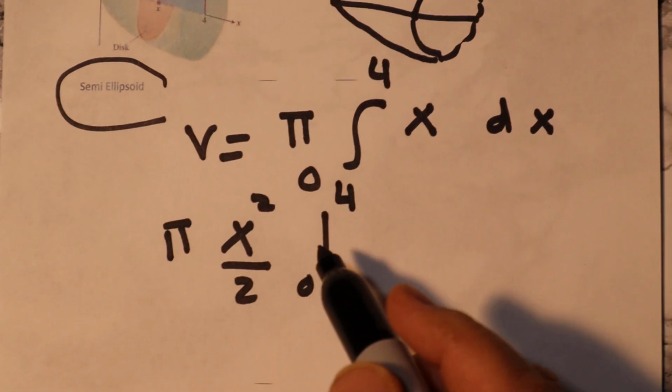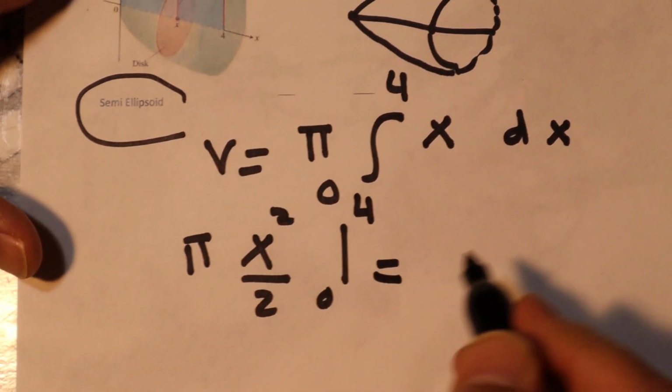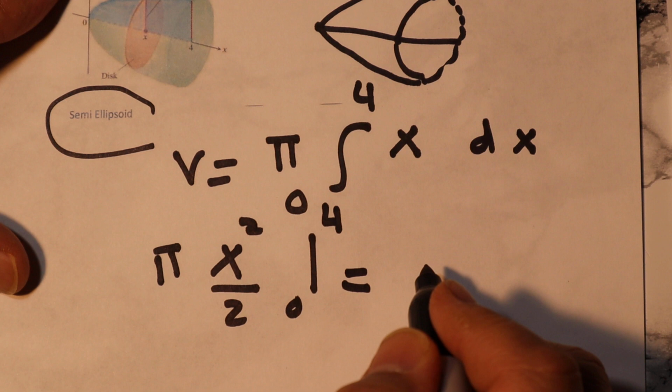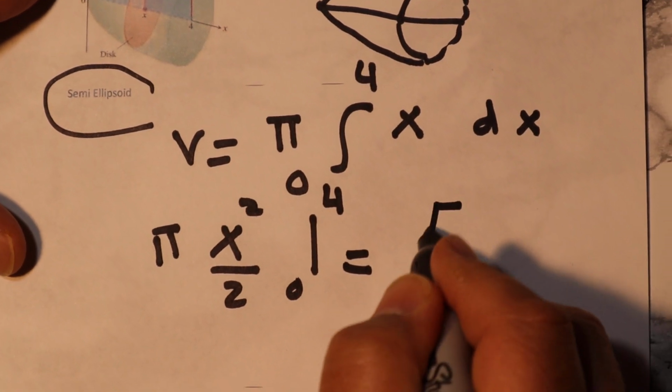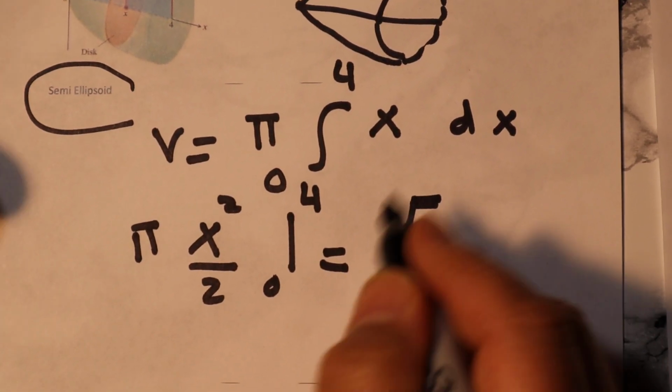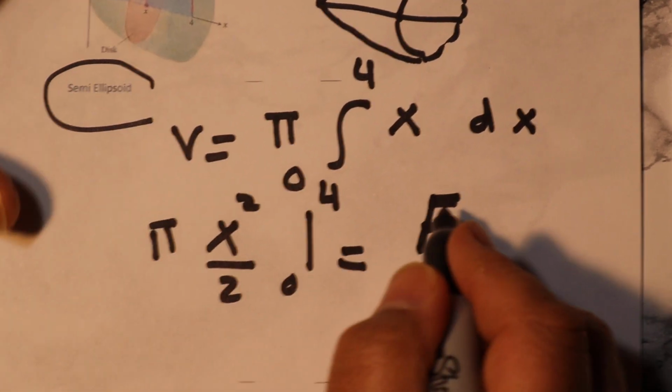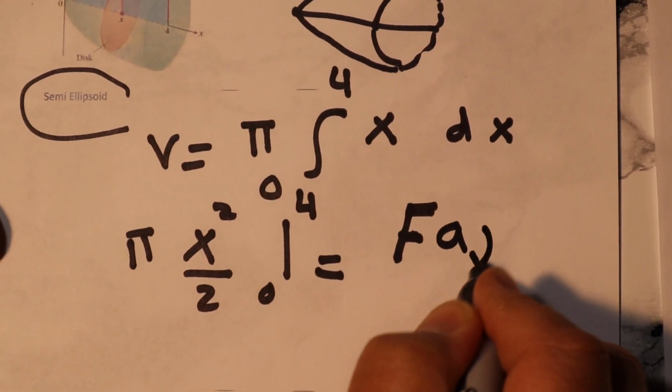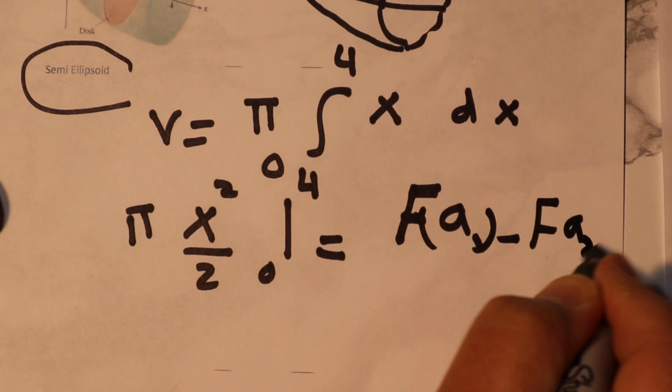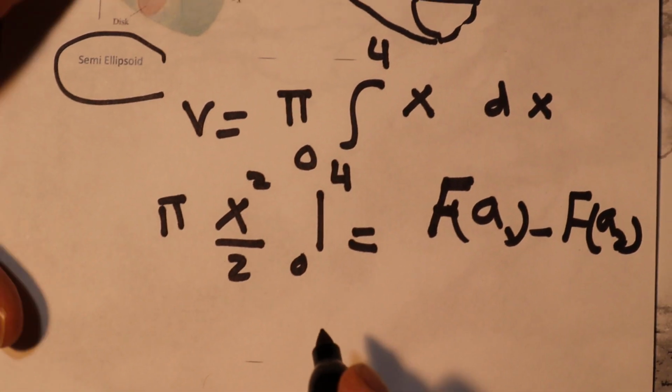And now we're going to apply this formula. The result of integration will be f of a1 minus f of a2, whatever you have in your question.